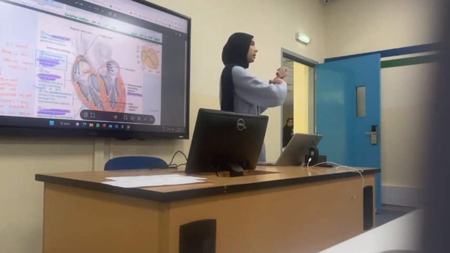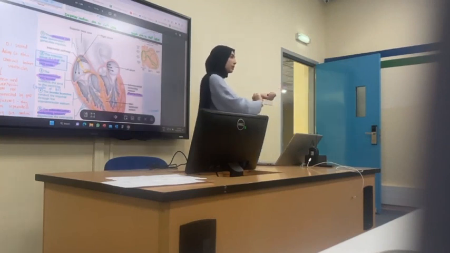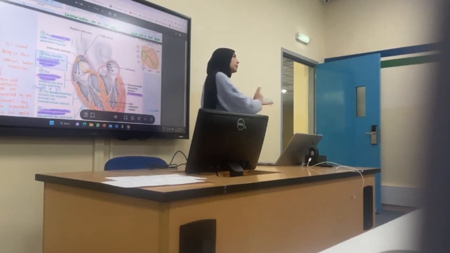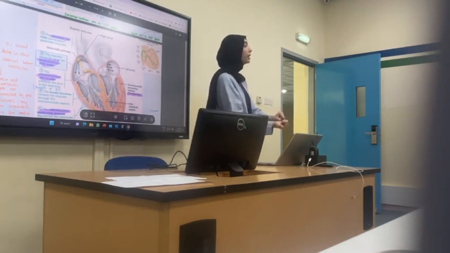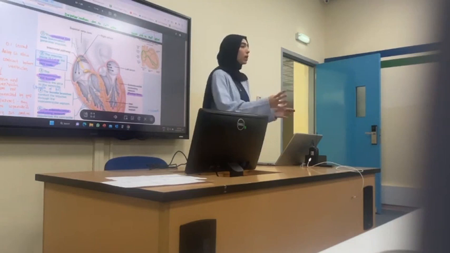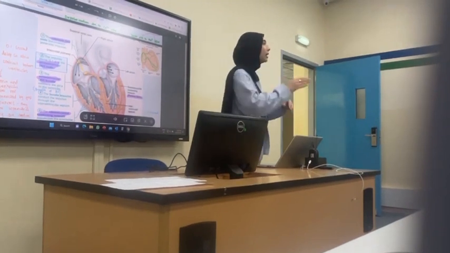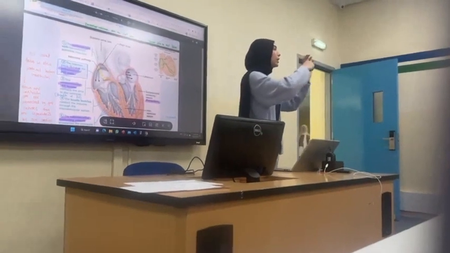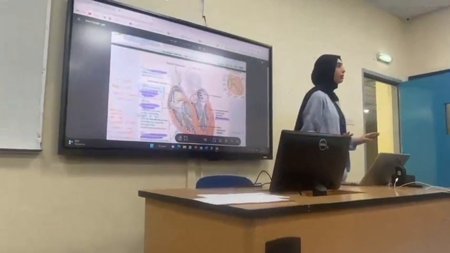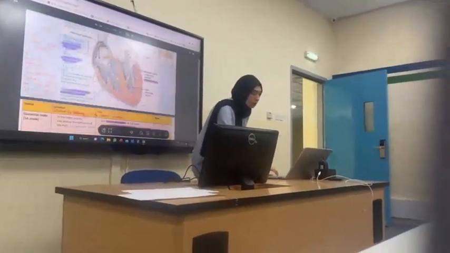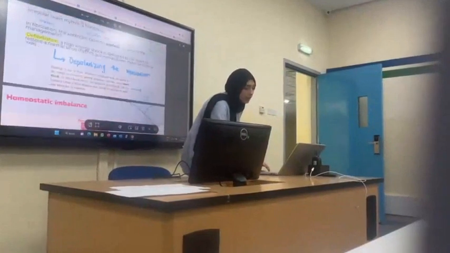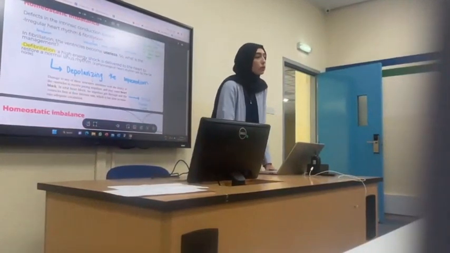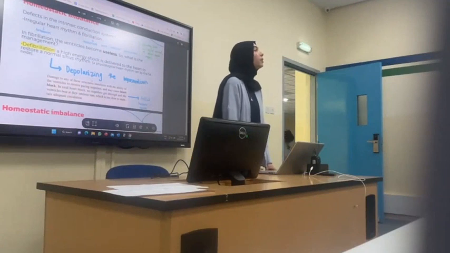When you listen to the sounds, we always comment that it's rhythmic, that it's happening at specific intervals. But the intervals in themselves are right, so you get lub-dub correctly. In fibrillation you don't get that: the ventricles are contracting on their own and the atria on their own, because there's a defect, and the coordination between the atria and the ventricles is completely gone. Does that make sense? But they won't ask about it. What they might ask, for example, in a few questions: what's a complication of a myocardial infarction?